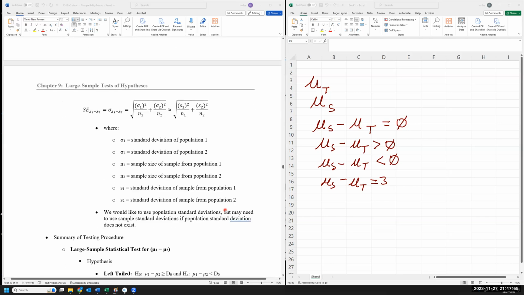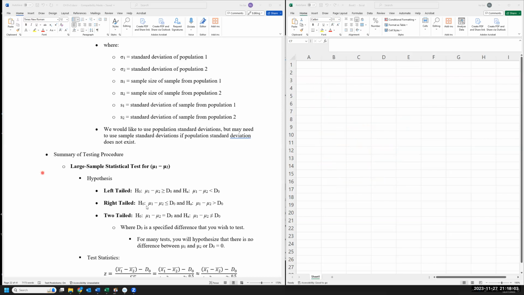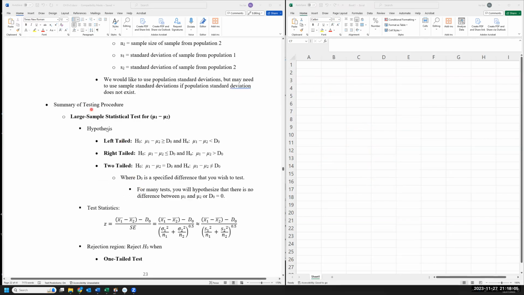Okay, so how do we do our testing? Well, this is the mechanical testing procedure. It's exactly the same as before. We have to create a hypothesis. The hypothesis is either a one-tail test, a left tail or a right tail, or a two-tail test.